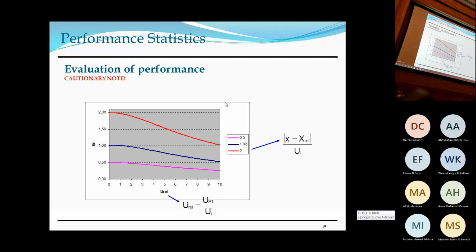So this is what this red line is showing. The EN number was 2 to begin with for a stable artifact. And as the instability increases, the EN number drops to 1.